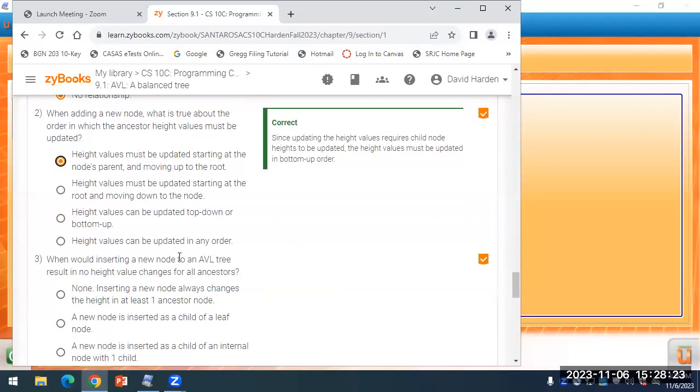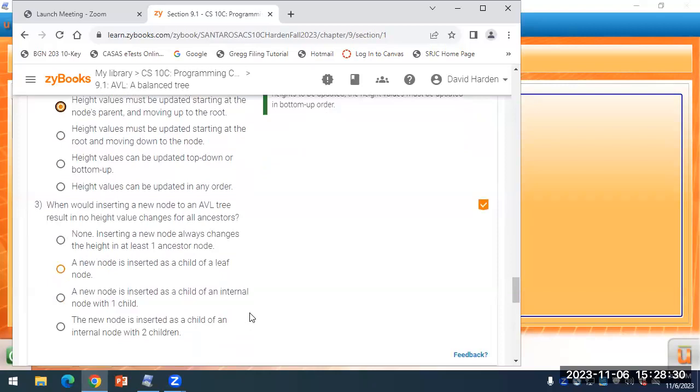When would inserting a new node to an AVL tree result in no height value changes for all ancestors? That case you just talked about. Probably, yeah. The new node is inserted as a child of an internal node with 2 children. That's not possible. If an internal node has 2 children, then the new node wouldn't be inserted as that node's child.